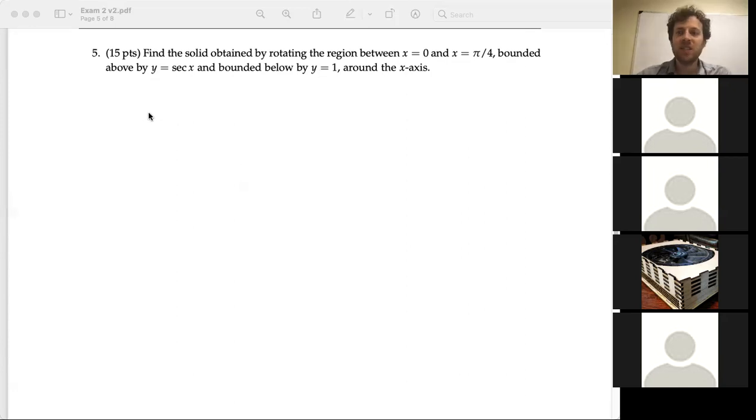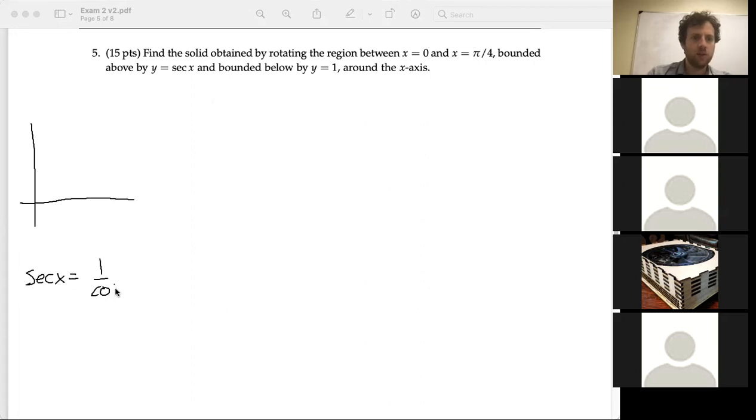So here, secant isn't the most common of functions, so we can take a little bit of time trying to come up with this. Secant is 1 over cosine.